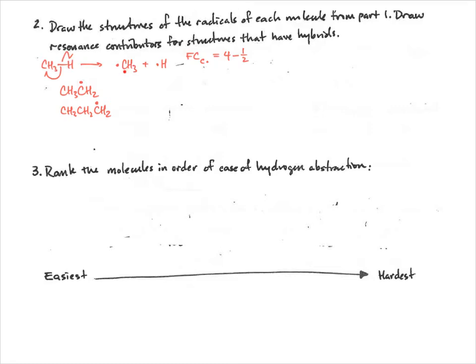Total bonded on the methyl radical. So I'm looking for the total number of electrons in all the bonds. Remember, a bond is 2 electrons, right? So 6 electrons. So 1/2 of 6.